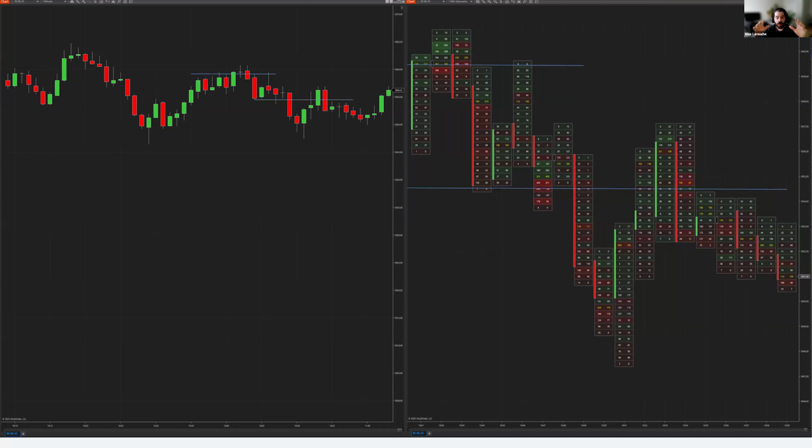But here's the key. Look at those lines on the candlestick chart. What do you see? Not much. The first line is right in the middle of three candle bodies. No wick rejection, no clean reversal signal, nothing that jumps out as important.